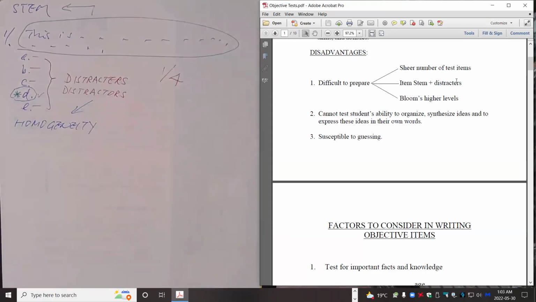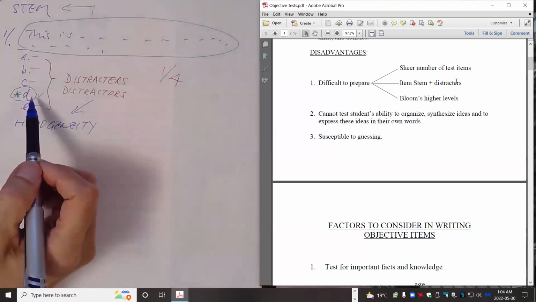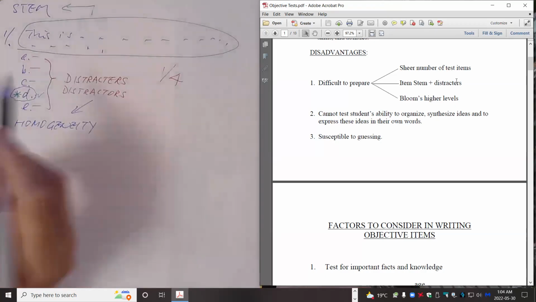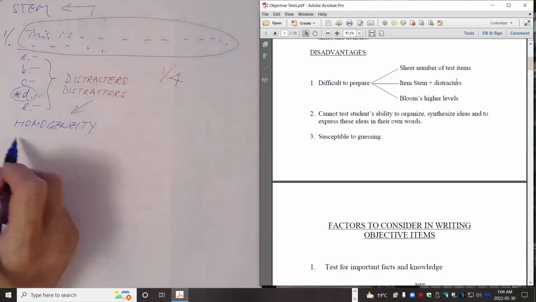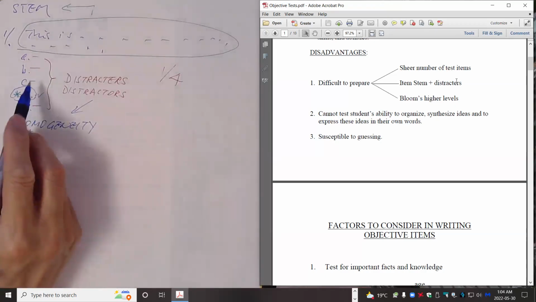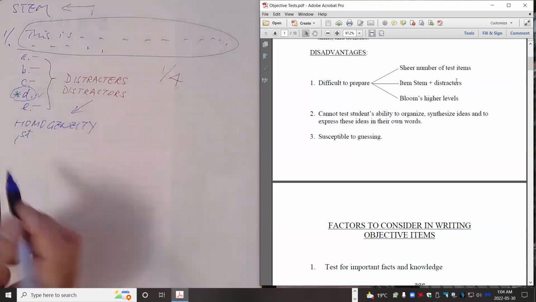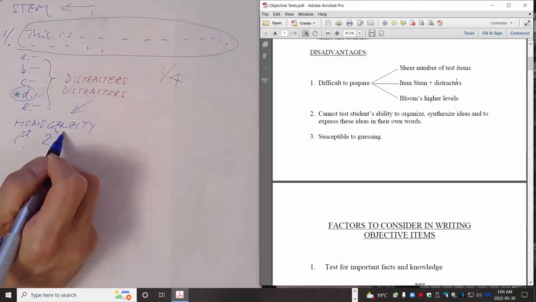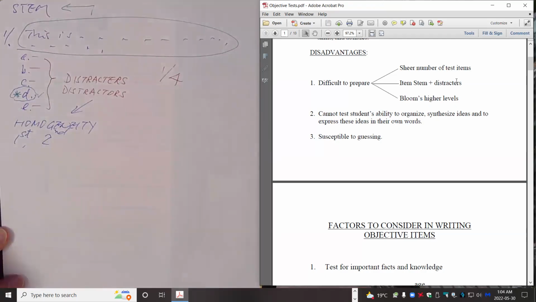Now, this is very difficult to do. That's why good multiple choice test items are very difficult to construct. Say this is the correct answer. The first homogeneous distractor is relatively easy. The second is difficult.